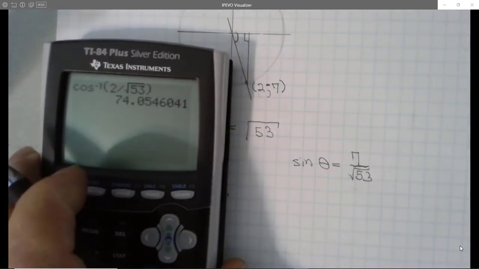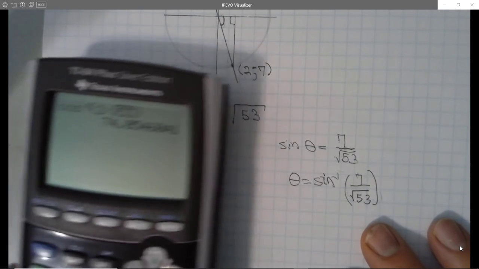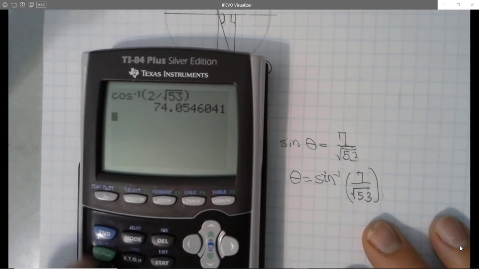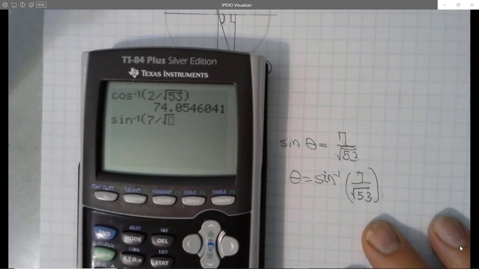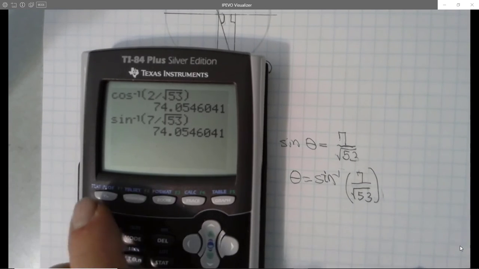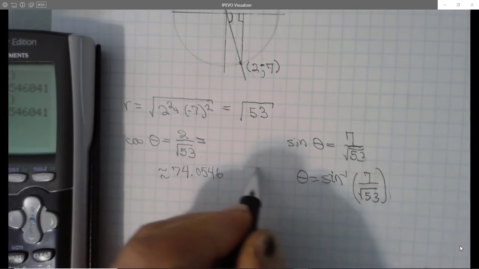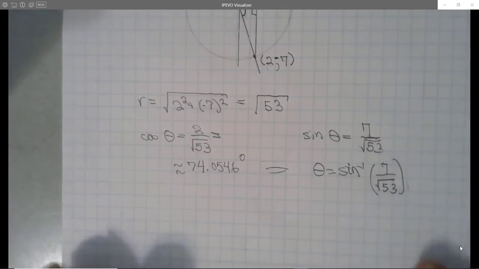Or had we done it the other way around, we would have said that it's the arc sine, the inverse sine of 7 over root 53. And in either case, you get 74.0546. So those are the same. That's, of course, in degrees.